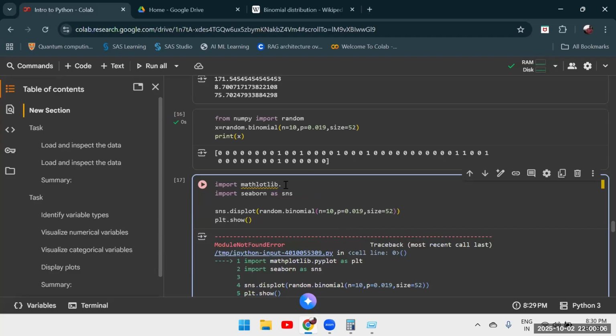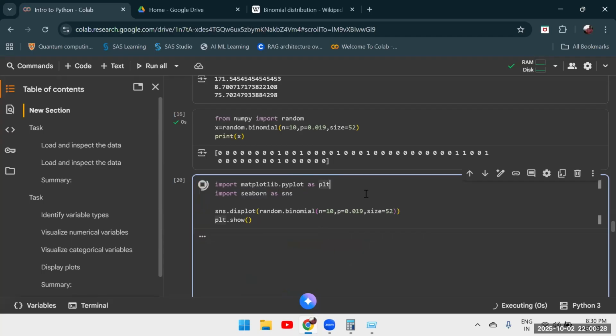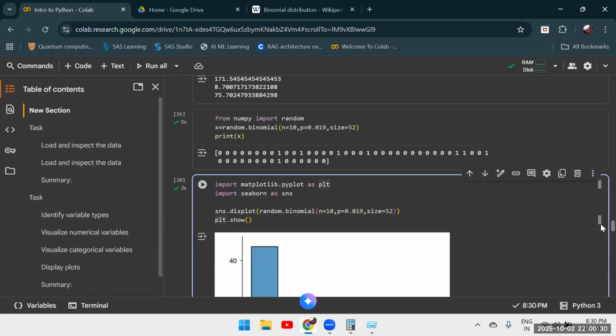Matplotlib dot. I was wondering what has happened and why this is not coming. Okay, I missed one. Matplotlib dot pyplot. Okay, now this should work.